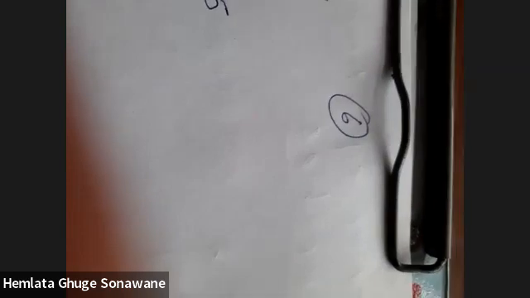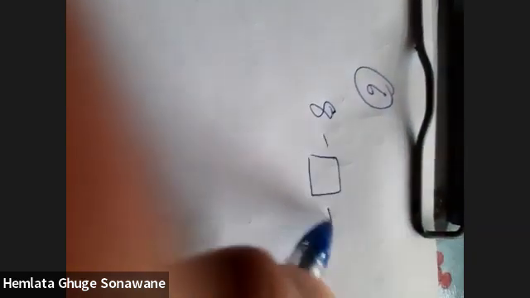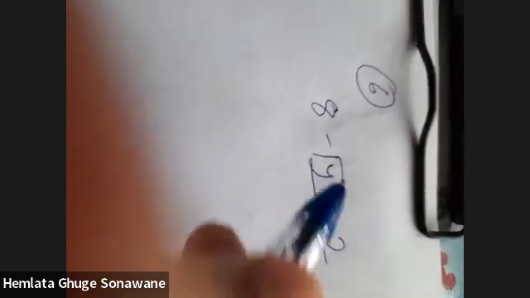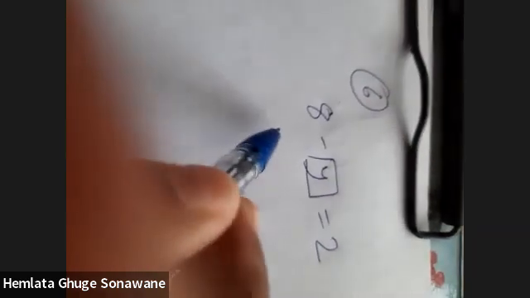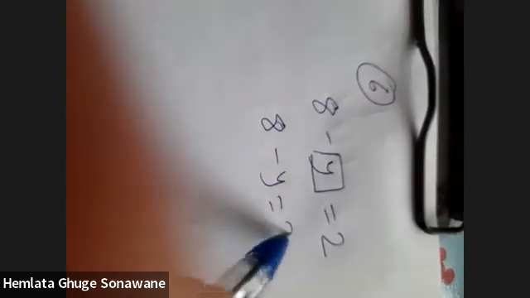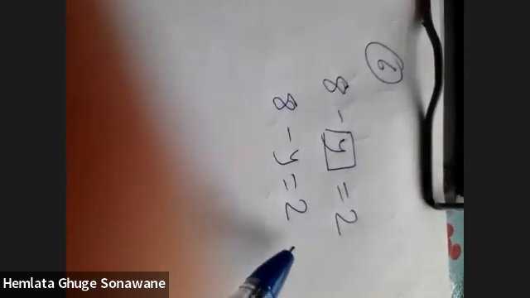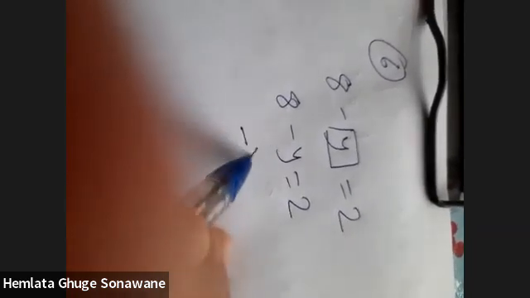Sixth example, which number should be subtracted from 8 to obtain 2? 8 minus the number that we have to consider to obtain 2. Here we'll consider y. Okay, so it becomes 8 minus y is equal to 2. Now this plus 8 becomes minus 8 here. So minus y remains as it is.